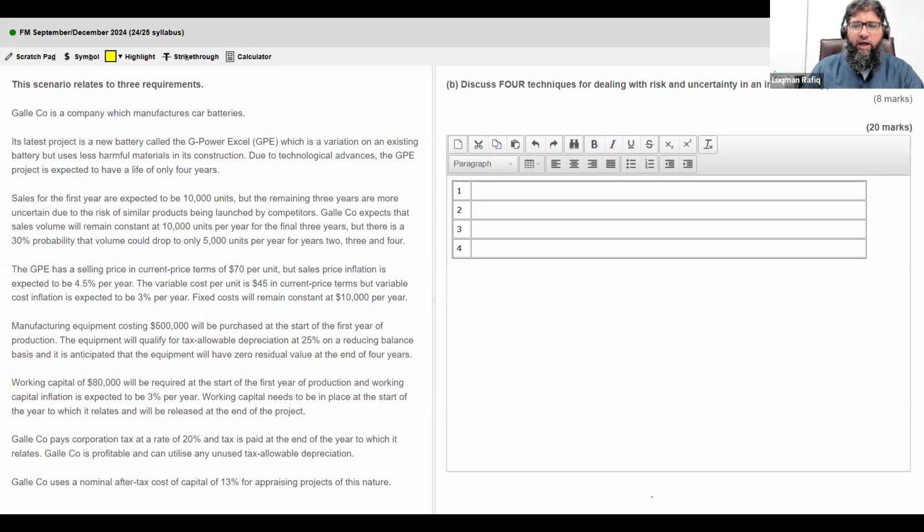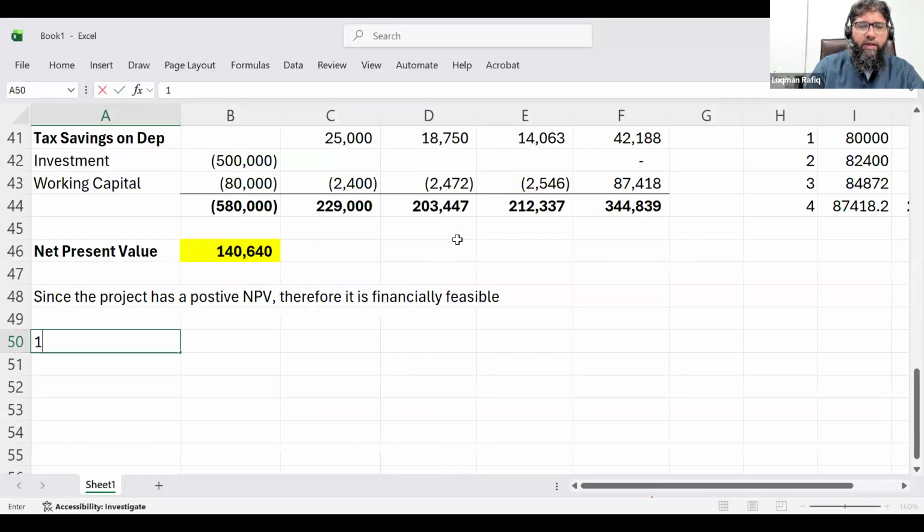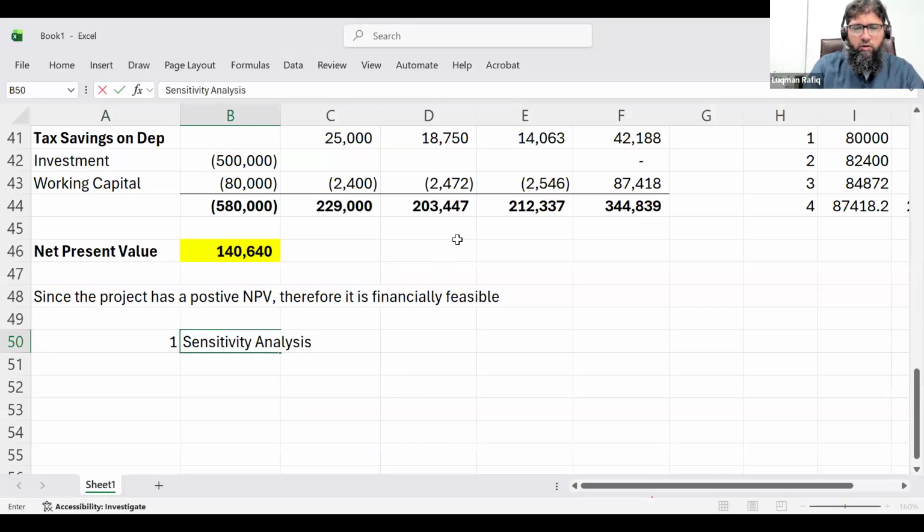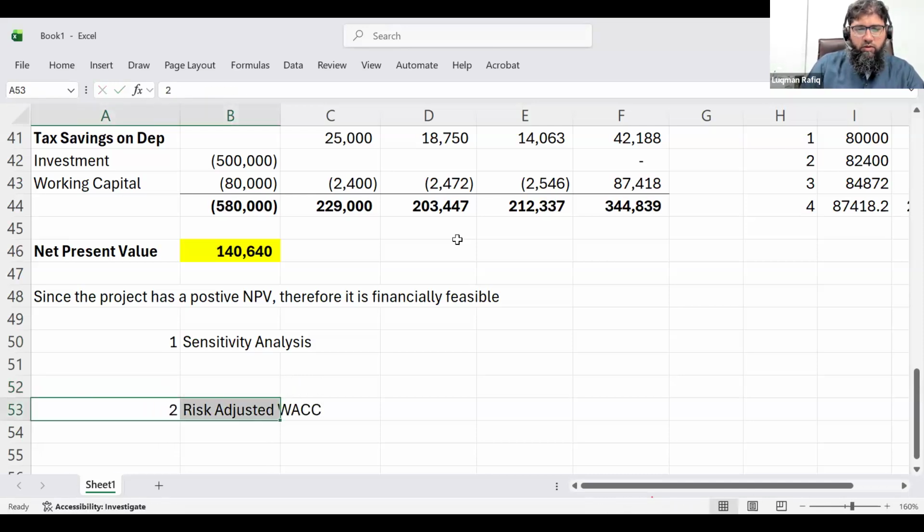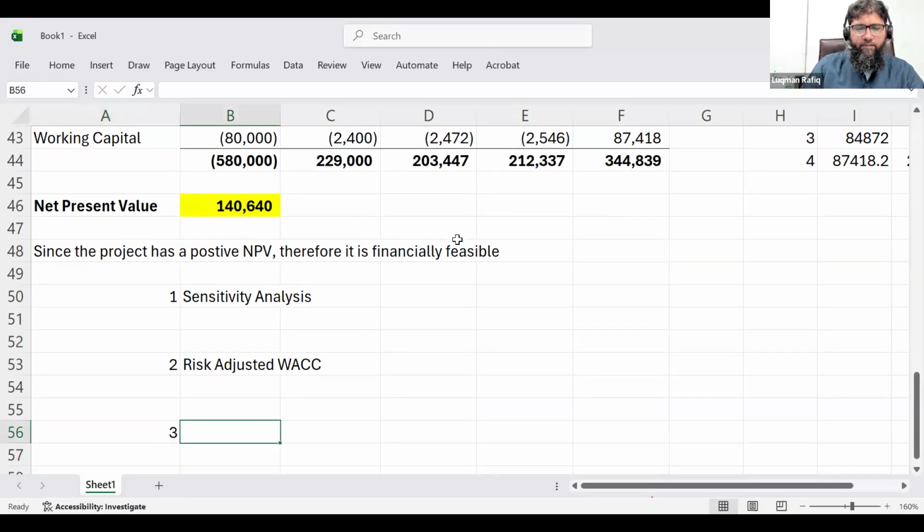Okay, so I'm just going to write down a few of the techniques that we could use. Number one of them is sensitivity analysis. Number two is basically risk adjusted WACC. The third one is basically simulation analysis.